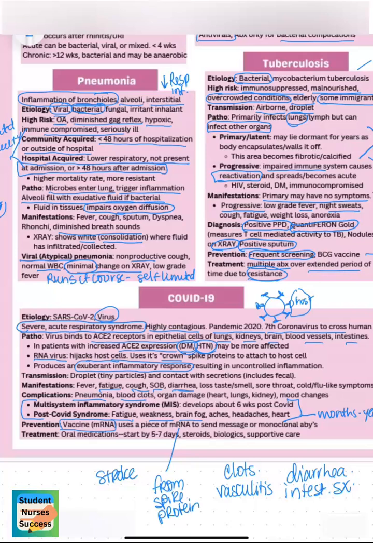Now, these mRNA vaccines, this technology, although it seems to be newer to a lot of us, it's actually been around for a while. They've been using mRNA technology to develop cancer vaccines over the last 20 some odd years. And so when COVID-19 hit, they did a switcheroo and used that technology to develop the COVID vaccine very quickly to be able to get it out to the public.